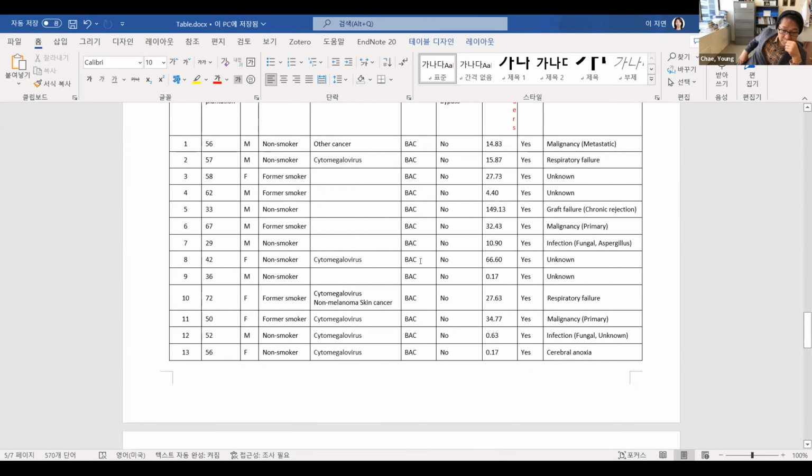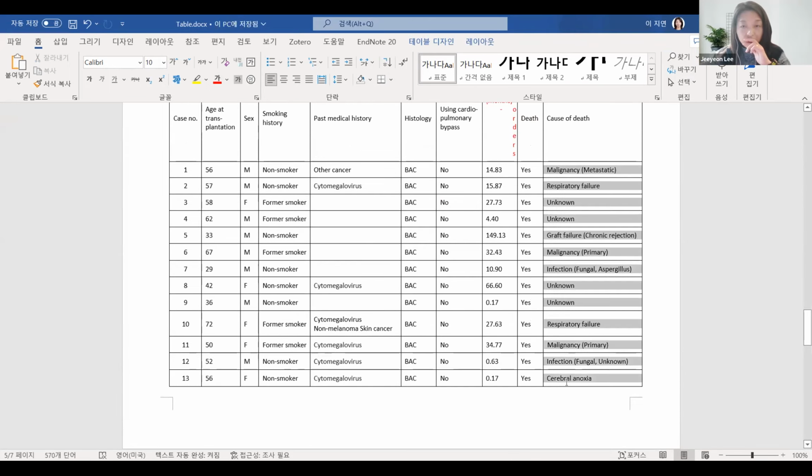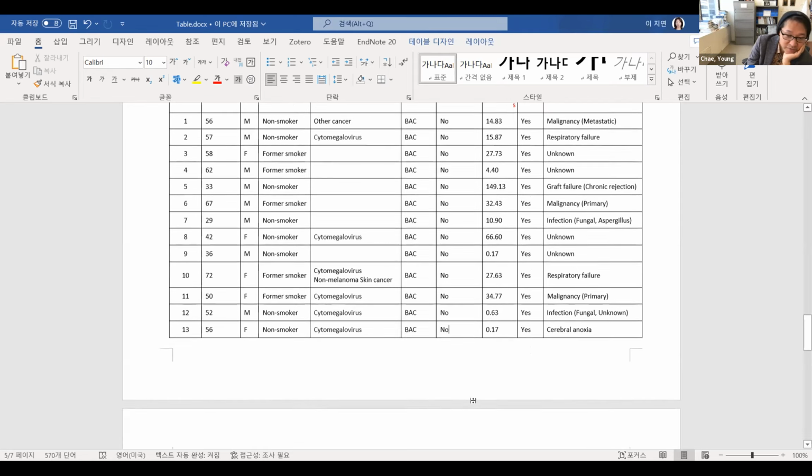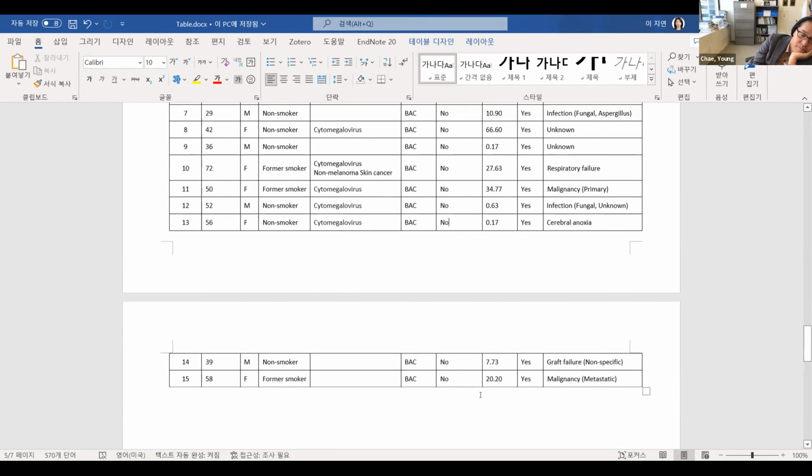Almost 60. And what about this cause of death? Is this everyone who died, or is there no death? Yes, everybody died, and everybody didn't use the cardiopulmonary bypass. So just in the order of survival is good enough.